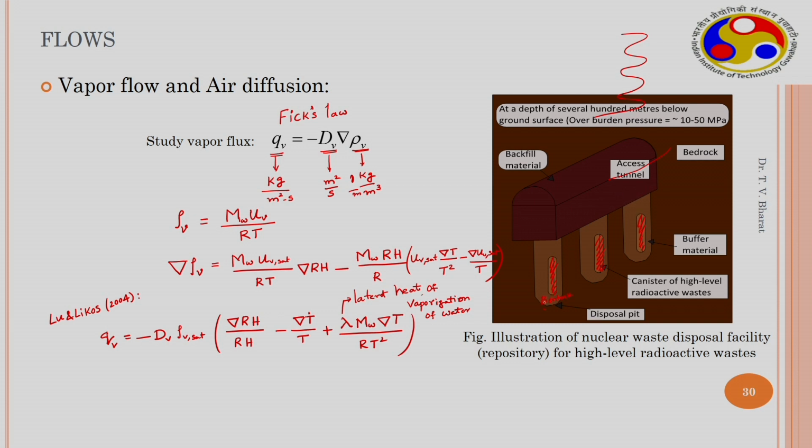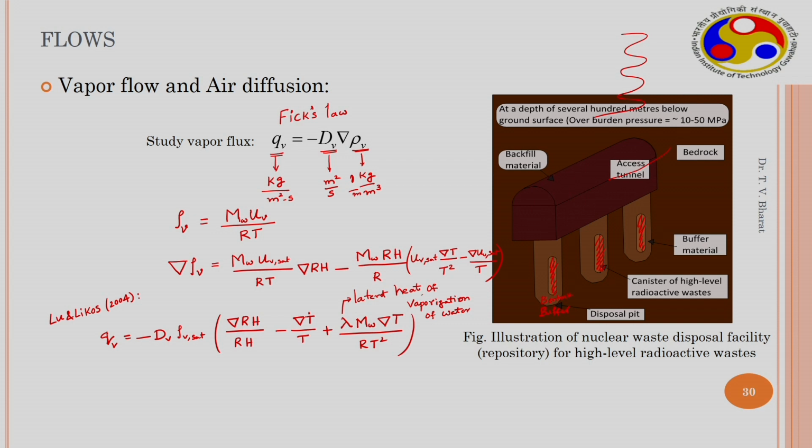This is called the bentonite buffer. Generally the buffer material contains bentonite alone, compacted at very high densities, and once this is compacted, the access tunnels are filled with backfill material, again bentonite plus other materials, and this is buried.